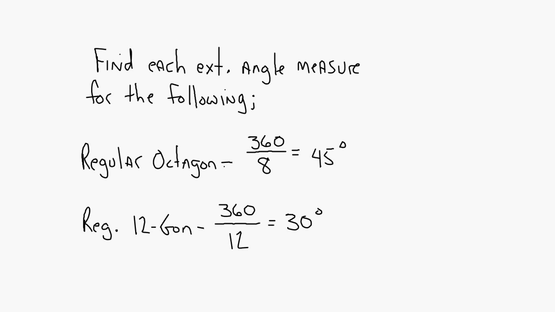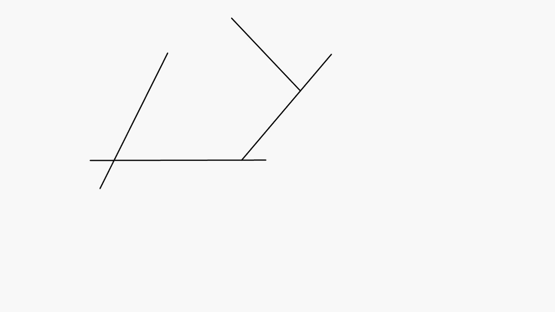The second part of your assignment, you'll be given a pentagon, 1, 2, 3, 4, 5. This picture is on the top of page 397 if you want to look at it.